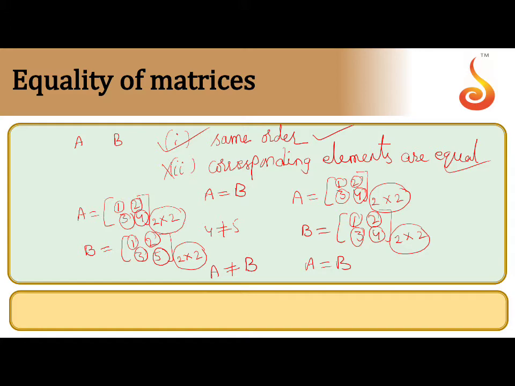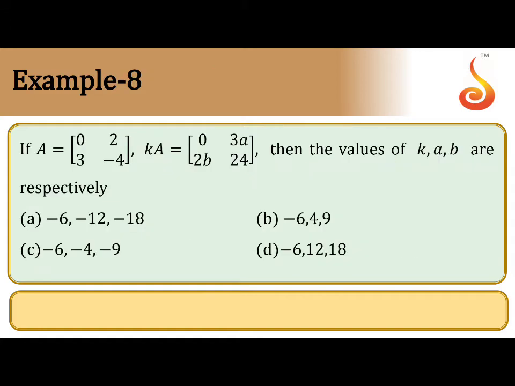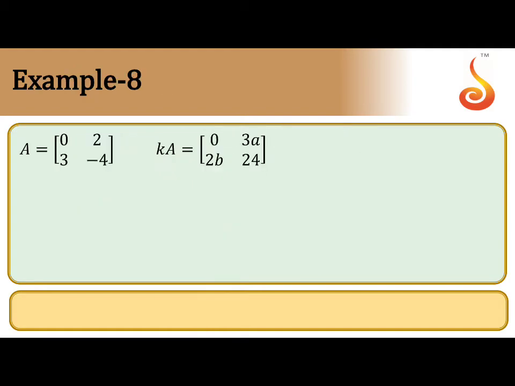Now we go to the problem. So this is the problem given. We need to find k, a, b values. Here, k into matrix A, which is [0, 2; 3, -4], is equal to [0, 3a; 2b, 24].